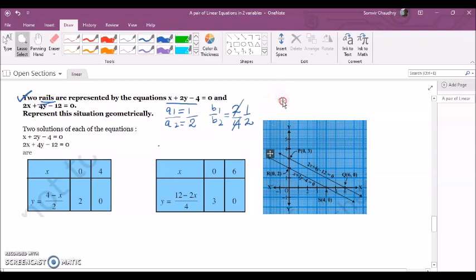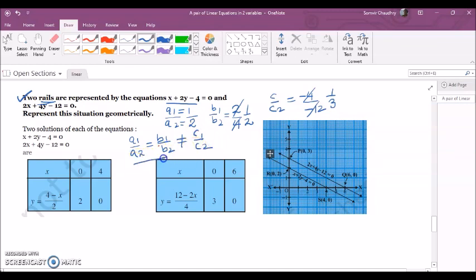And when we talk about c1 by c2, you will get -4 upon -12, which gives you 1/3. You can easily see here the condition we were talking about yesterday in our previous video: a1 by a2 is equal to b1 by b2, but not equal to c1 by c2.